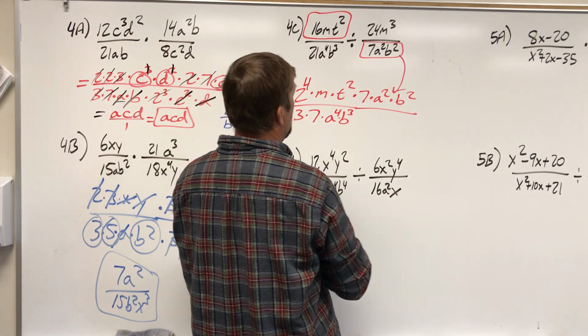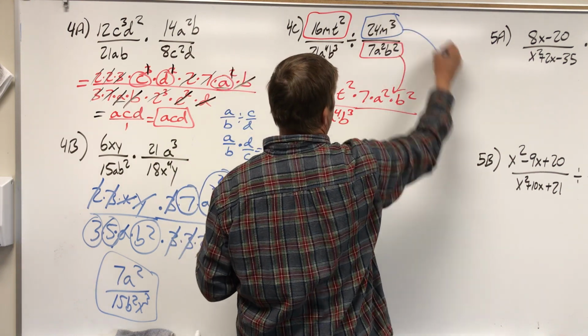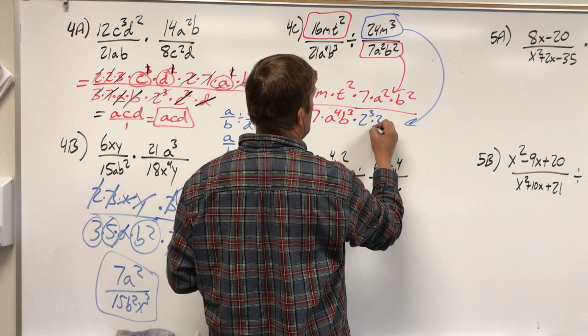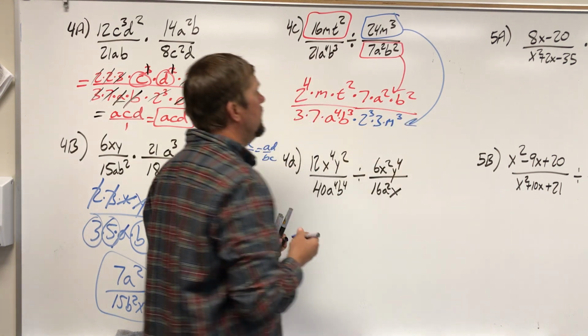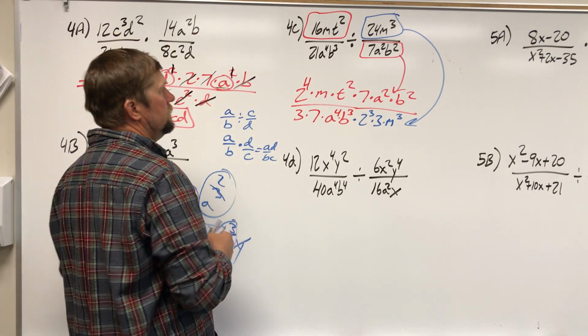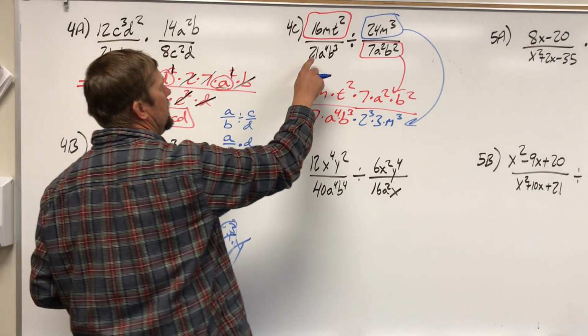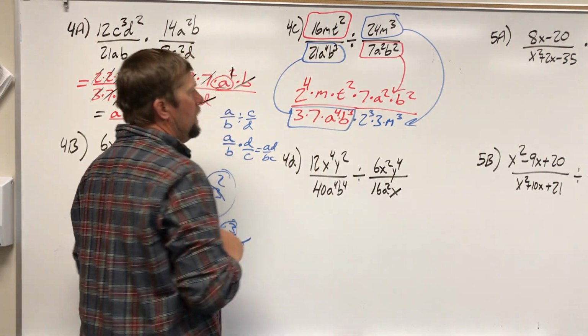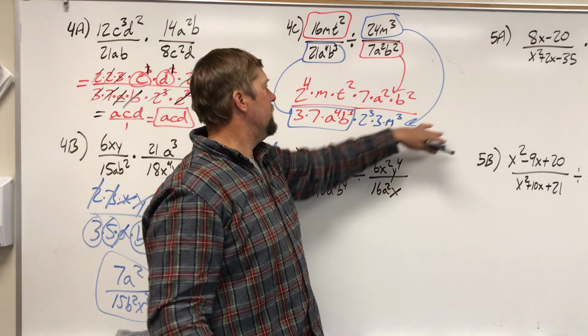And then this one goes to the bottom, which is a 2 cubed times 3 times m cubed.